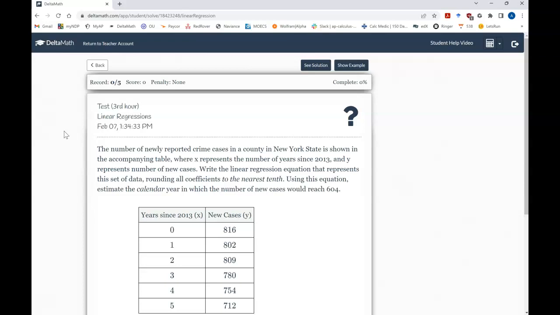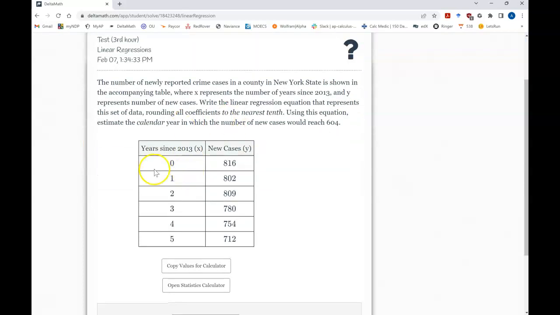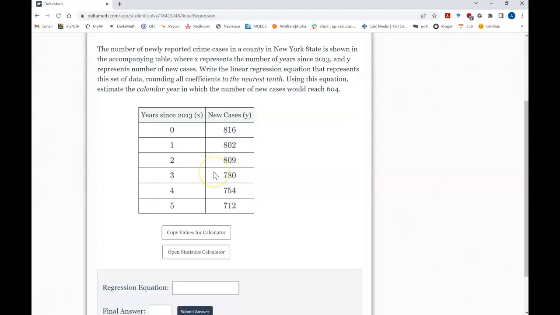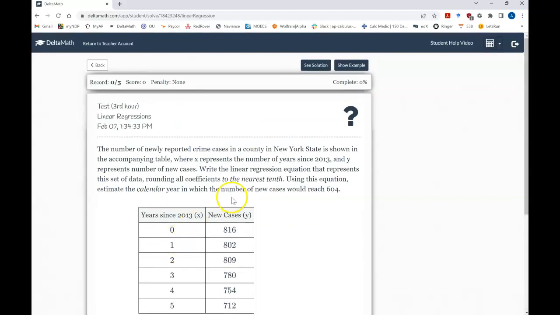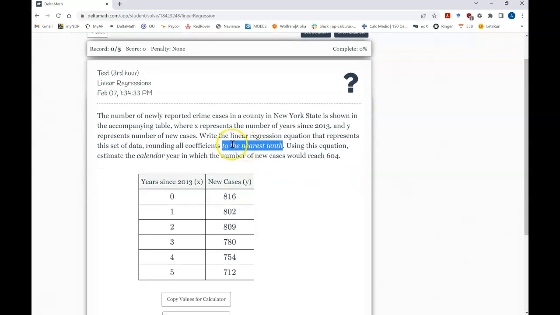There's a question on linear regressions where you're given some data set. You need to write your linear regression equation and then use it to make a prediction. Okay with that? It's just all in the calculator. The thing students were getting wrong was the rounding. So be very specific in the question on how they want you to round the coefficients in your model.